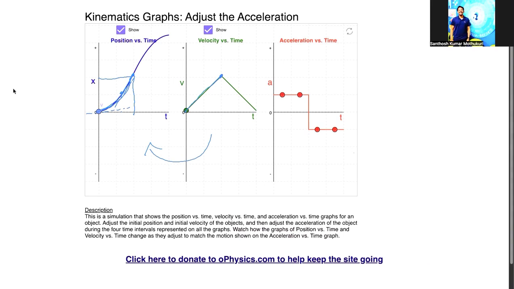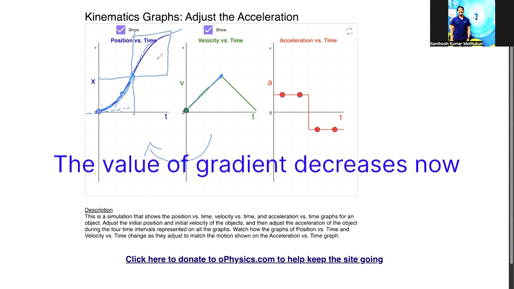Now look at from this part to this part. You can see that the gradient is now negative, right?